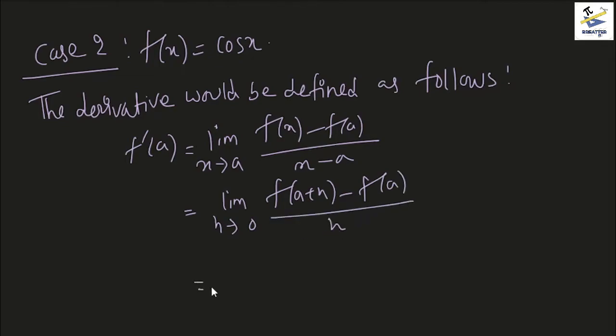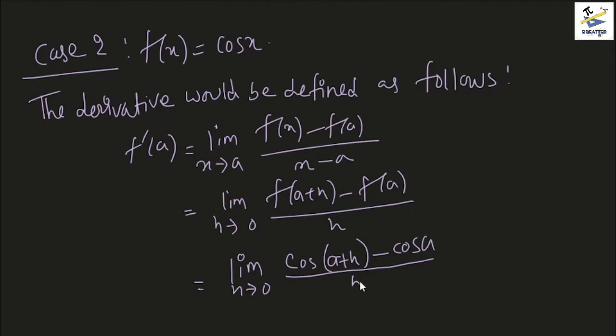Now this would give us the limit as h tends to 0 of cosine of a plus h minus cosine of a, whole divided by h, right?